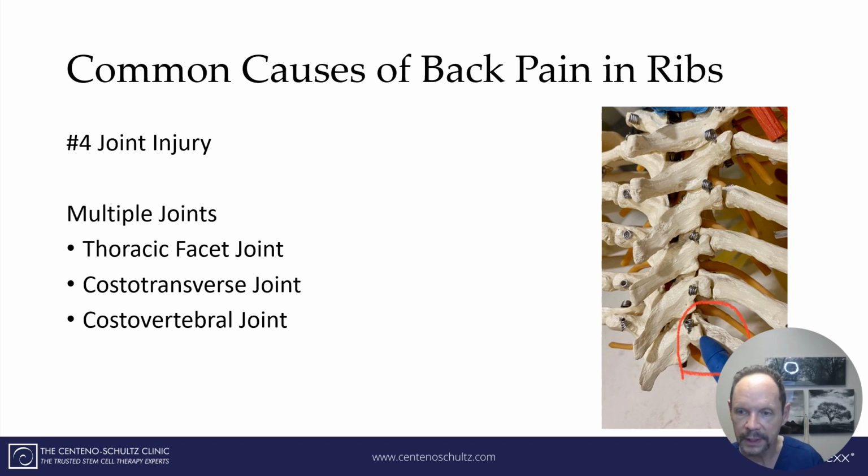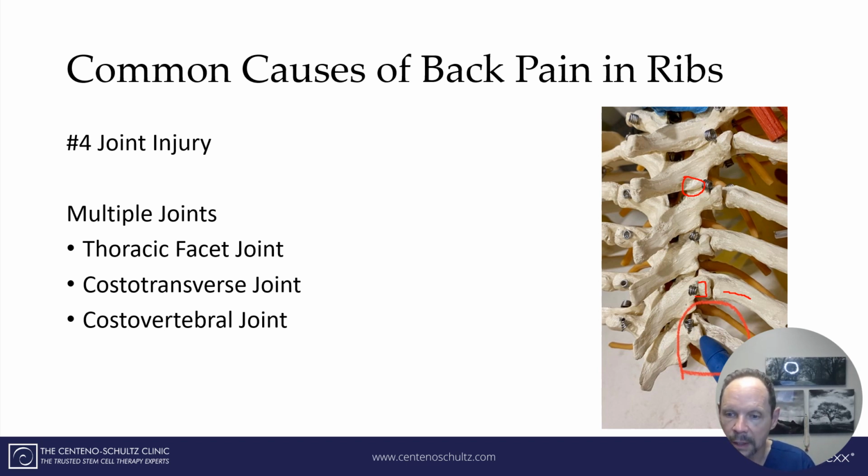So the first one is a thoracic facet, and that's this joint here. The second one is the costotransverse, and that's where the rib head articulates or joins the transverse process of the spine, and as a result in meeting that forms a joint called the costotransverse.